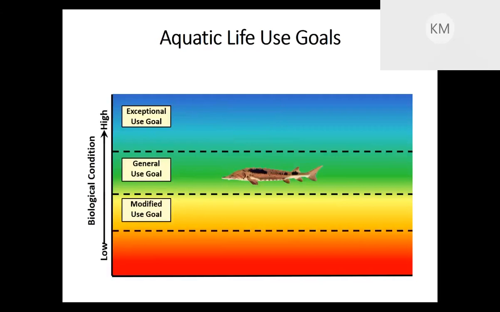Under our old framework, if this happened, it would still be an attainment of our aquatic life use goals, but because it's been designated as an exceptional use, that's been established as an existing use. So that fish community would need to be restored back to that exceptional use goal. So it becomes impaired and would go on the 303D list.